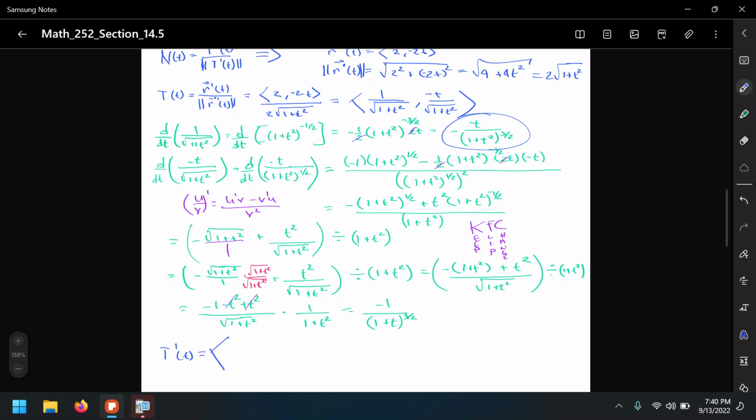So that's 1 plus t squared to the 3/2, comma, negative 1 plus t squared to the 3/2.